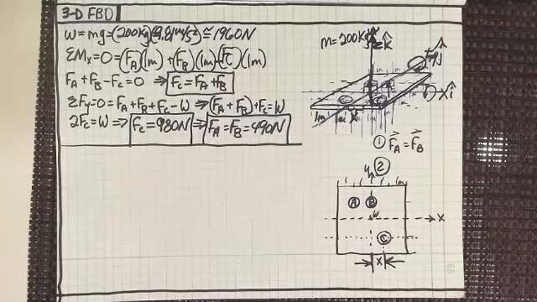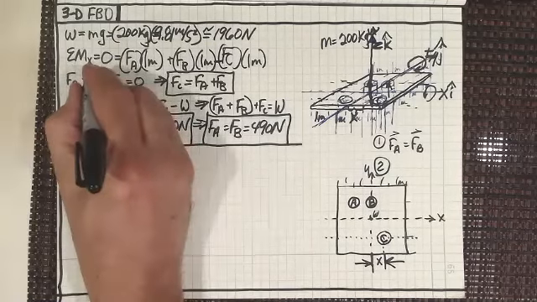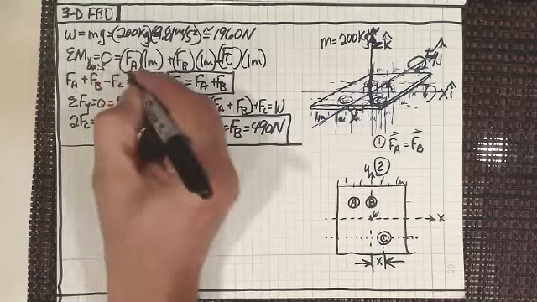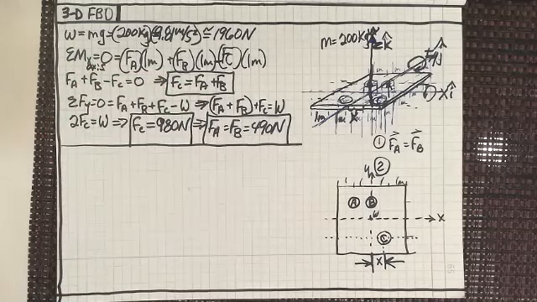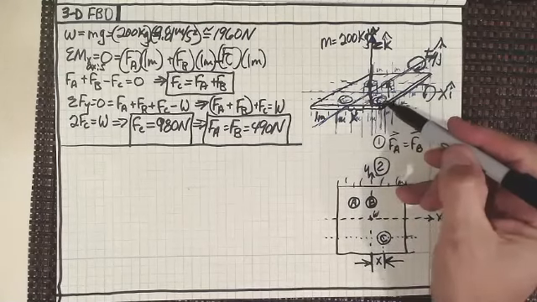Just using our summation of forces and also our summation of moments about the x-axis. I'm going to say axis because I don't want you to think that we took the moment about a point. It's about the x-axis. And so that's what we've got here too.